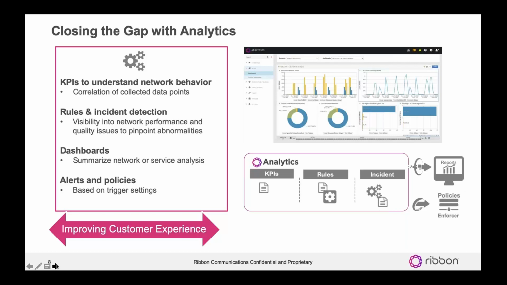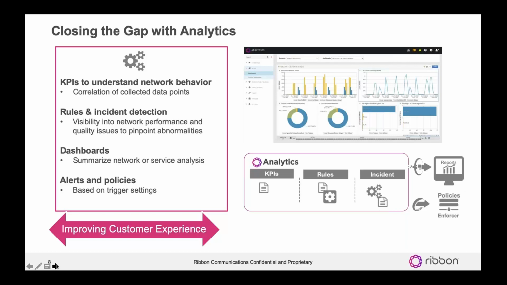So if you think about analytics, well, it's certainly pulling in a vast amount of data from the network, but how do you make it into something more actionable? So the first piece is creating those KPIs, understanding what types of values to use to understand network behavior.